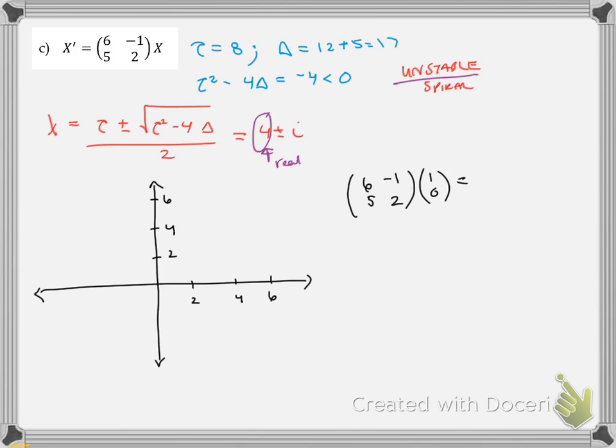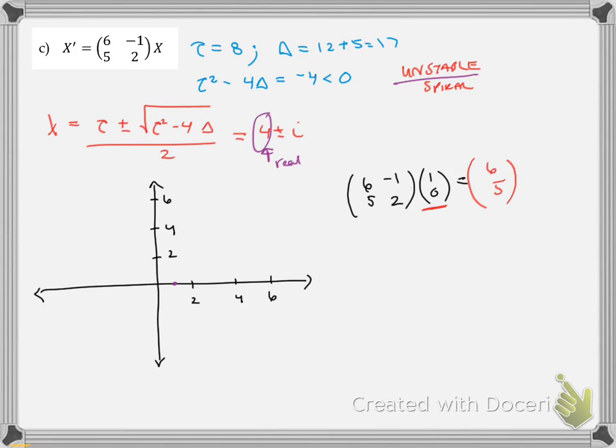And so I'm going to look at the vector 1, 0. So that's our vector 1, 0. If we take the matrix and multiply by 1, 0, then whatever the ending vector is, in this case, we'll get 6, 5.